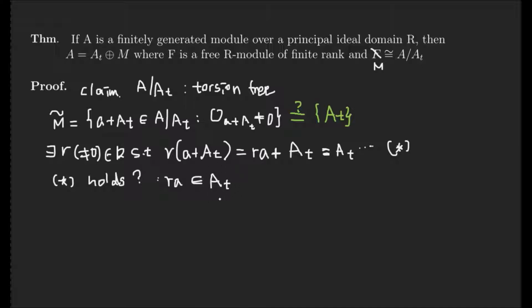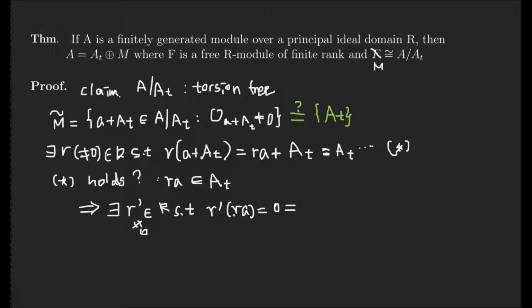Then this is not just a common set. This is the torsion submodule special set. This means there exists r prime, also a non-zero element in R, such that in this case r prime r a is equal to 0. Okay, this is the definition of AT.